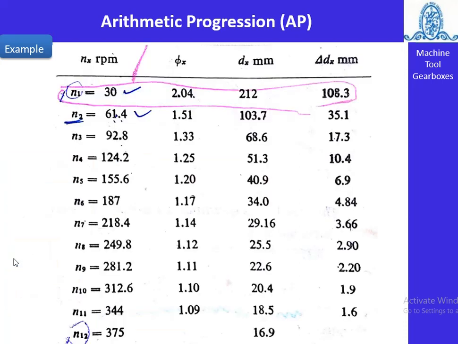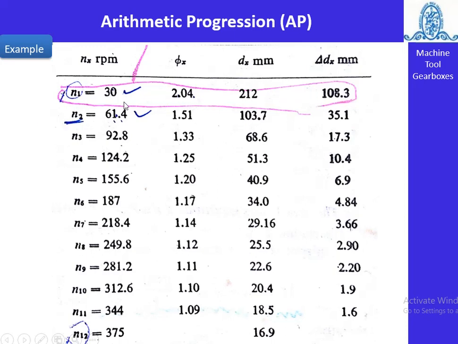We prepare one table calculating nx, phi, dx and delta dx, with all the corresponding values for n1 to n12, because z is equal to 12 and there are 12 spindle speeds. Looking at the first value, n1 is 30 rpm, phi is 2.04, dx is 212 and delta dx is 108.3.